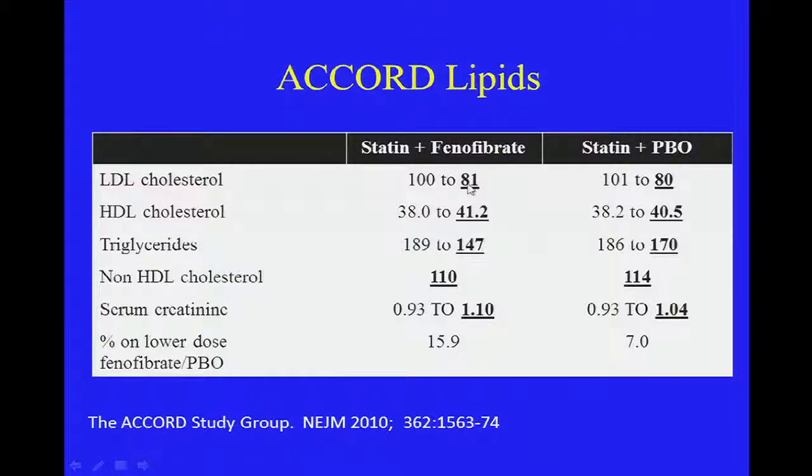Here's statin and fenofibrate, and statin and placebo. No difference in LDL. For HDL, there was essentially a half milligram per deciliter difference. If you look at triglycerides, yes, the fenofibrate brought those down, but not hugely. So what you're dealing with in the non-HDL differential is 110 versus 114.